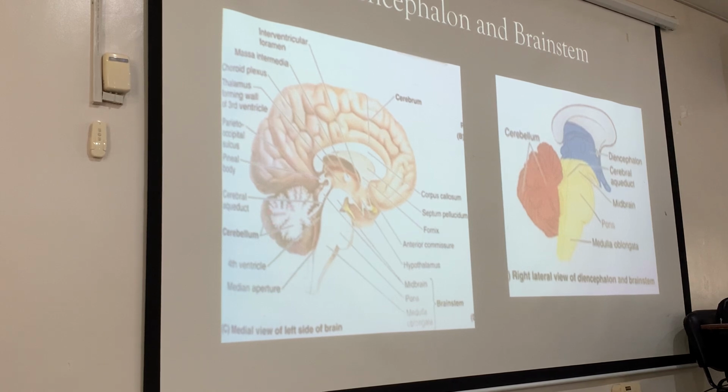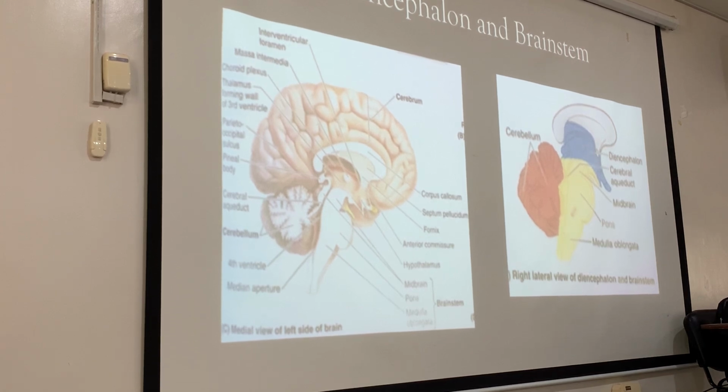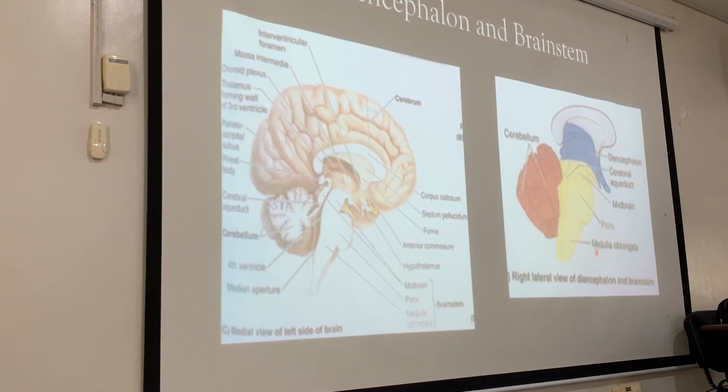So if we zoom in, here we have the diencephalon colored blue, the brainstem colored yellow, and the cerebellum colored red. Again, the cerebellum and the brainstem are found in the posterior cranial fossa. Okay. So the brainstem is composed of the midbrain, the pons, and the medulla.